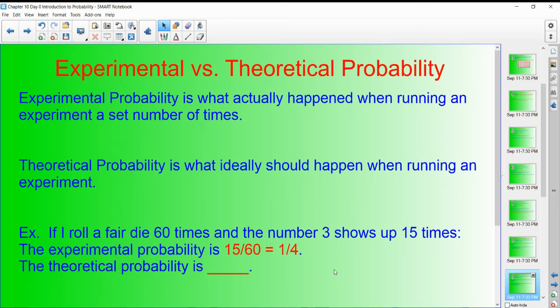Now the theoretical probability, I know that I should see a 3, 1 out of every 6 times, because 1/6 of the die, one side shows a 3. The theoretical probability will never change. The experimental probability might change. Maybe I do the experiment again, and I only get 7 3s. That's the difference between experimental and theoretical.